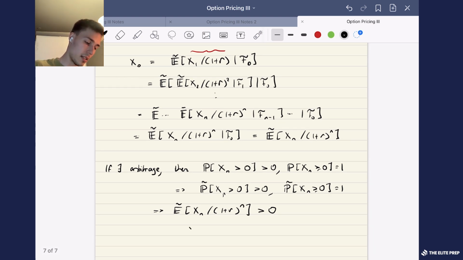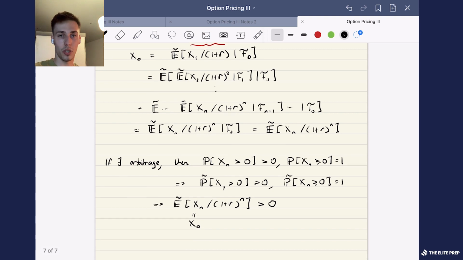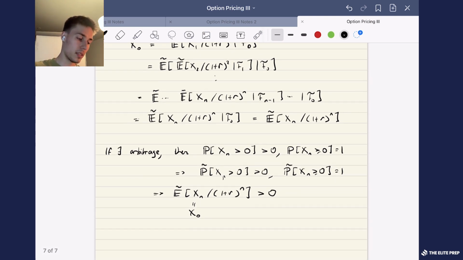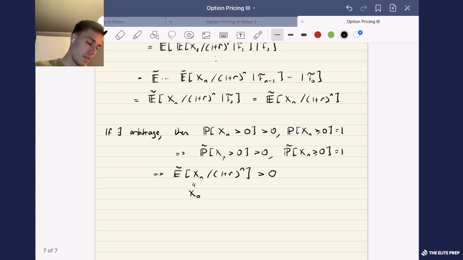And that means x0, which was equal to that expectation, is strictly greater than 0. But by existence of arbitrage, x0 was equal to 0, so we actually have a contradiction. In other words, we cannot start with 0 capital and create money from nothing.